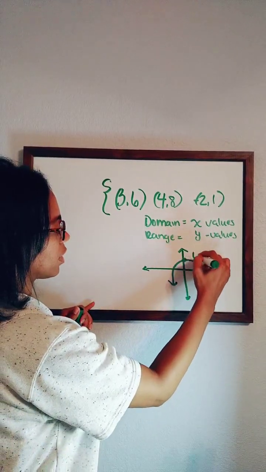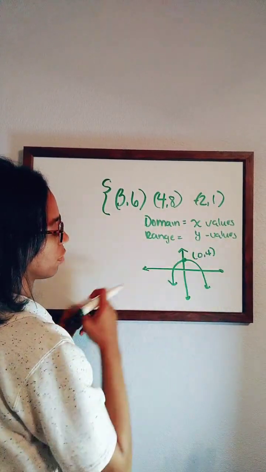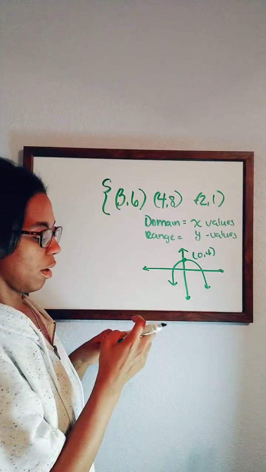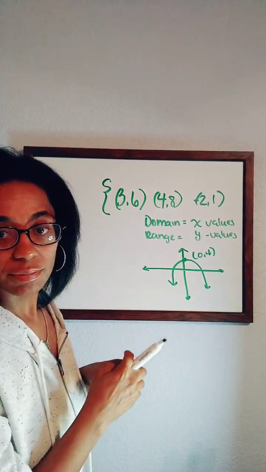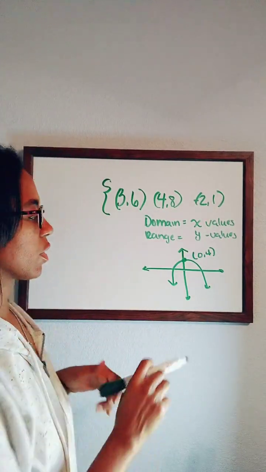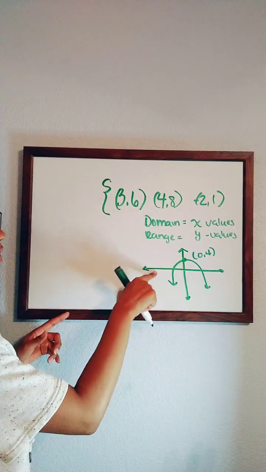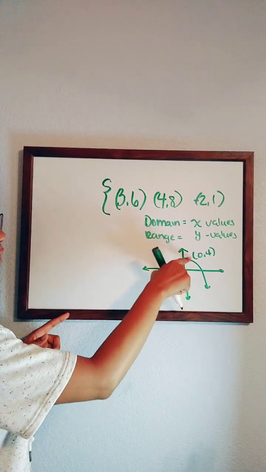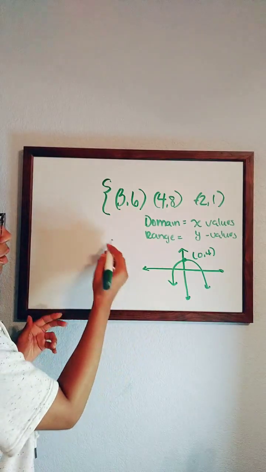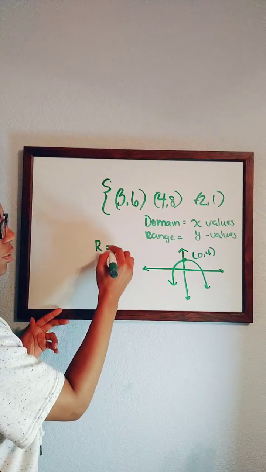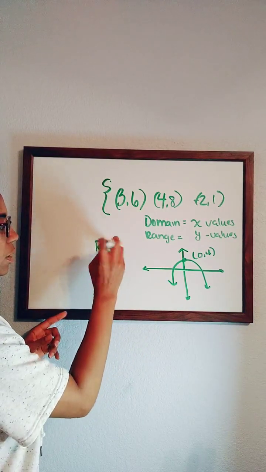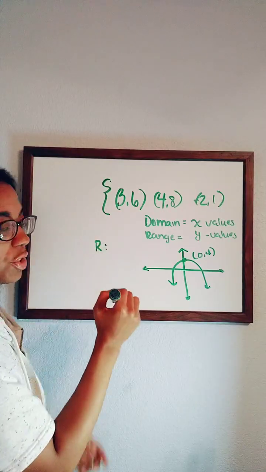And this is at 0. We're just going to say 4. So what's the domain? What's the range? What's my range now? Or is it like this? What's your range?